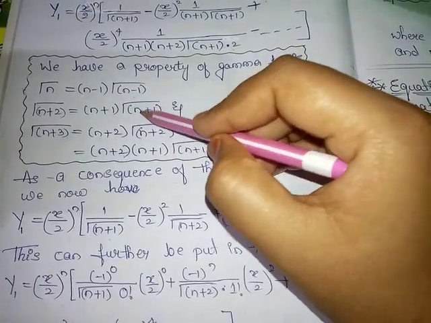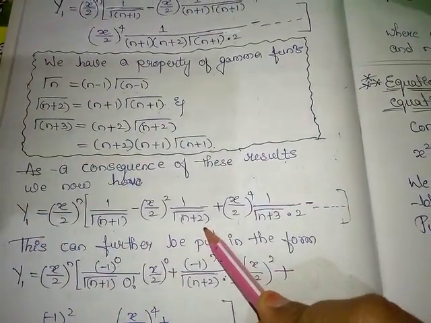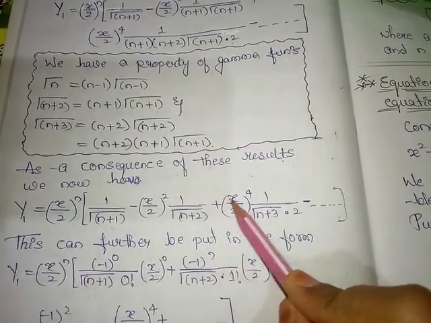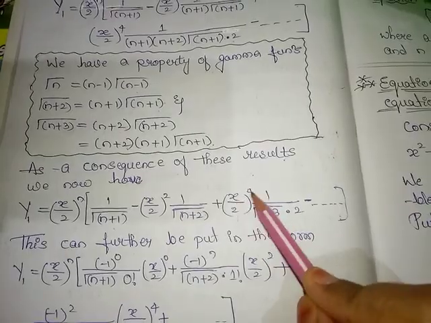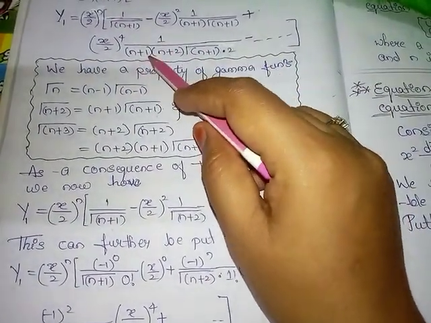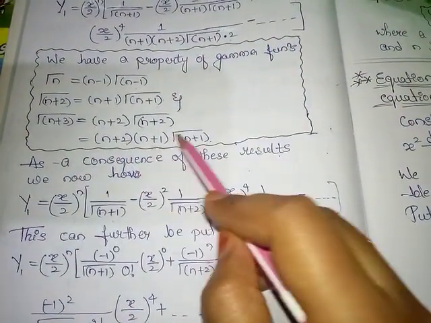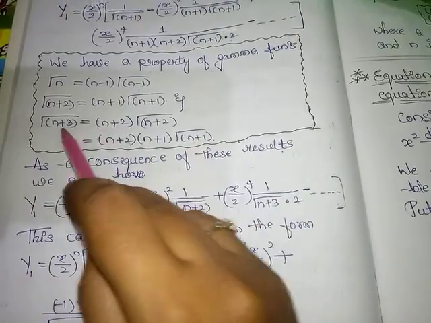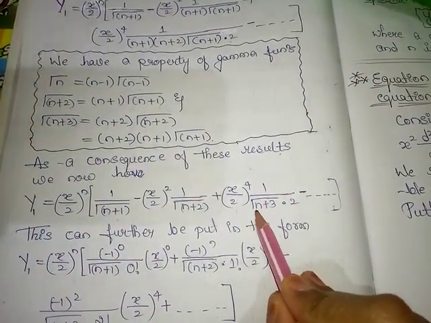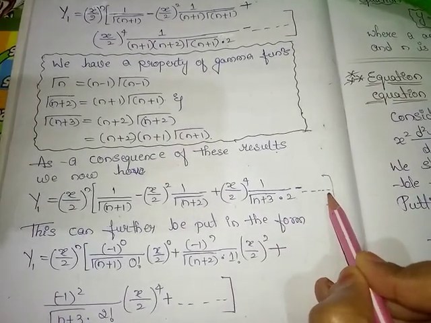We know that (n plus 1) into gamma of n plus 1 is gamma of n plus 2, so I am taking gamma of n plus 2 in the second term, plus (x by 2) whole raised to 4 as it is. We know that (n plus 1)(n plus 2) into gamma of n plus 1 is gamma of n plus 3, so here I will write gamma of n plus 3 into 2, minus and so on.